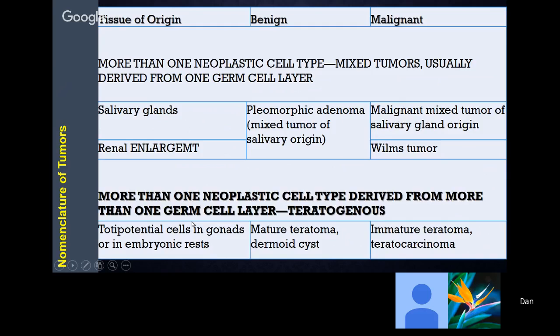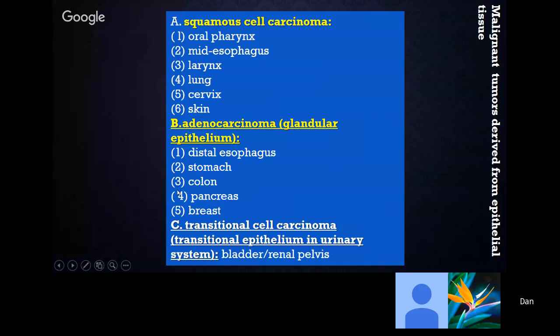So I give you here some examples of location of some of the carcinomas. For example, squamous cell carcinoma, you can find in oropharynx, mid-esophagus, larynx, lung, cervix, skin. Remember, in skin you're going to have the keratin associated with it. But when you look at them in the microscope, they're all going to have the same structure, the same looking type of lesions within them.